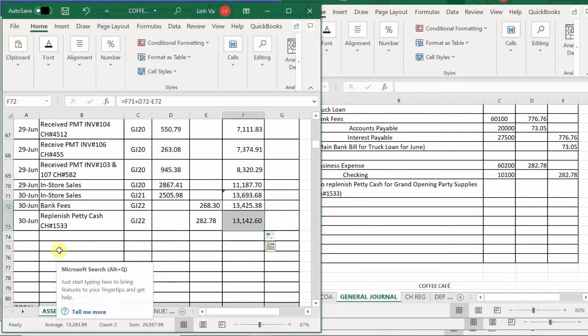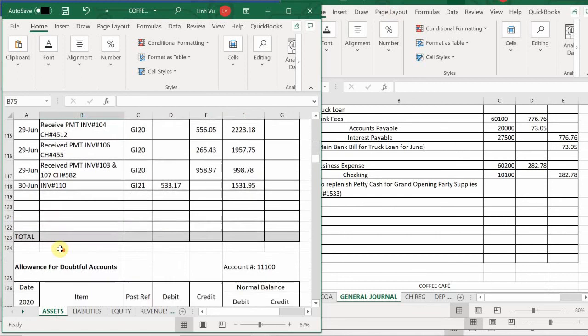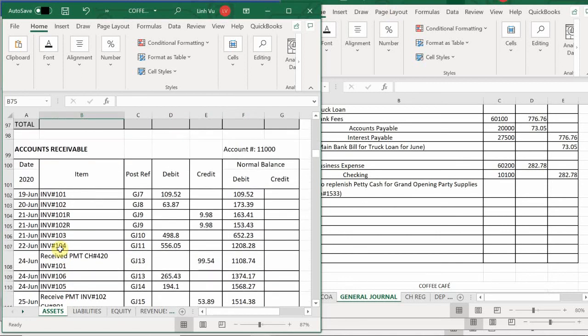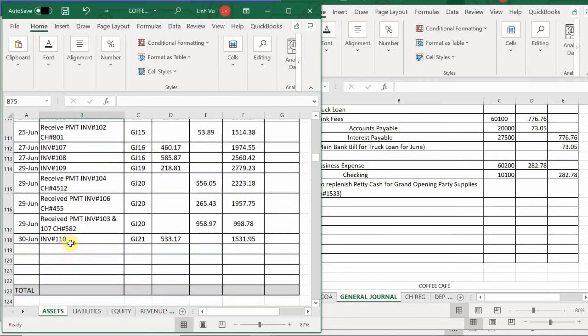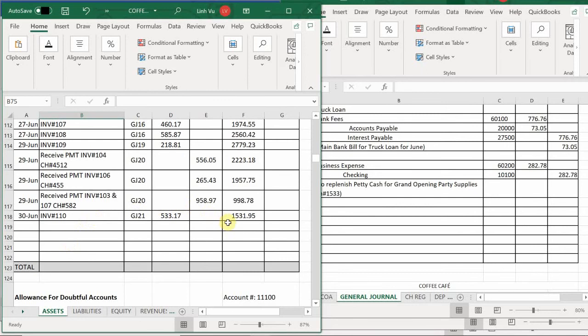So let's see. Okay, accounts receivable, our total ending right now is $1,531.95. And we're just claiming that 5% of them is going to be uncollectible.